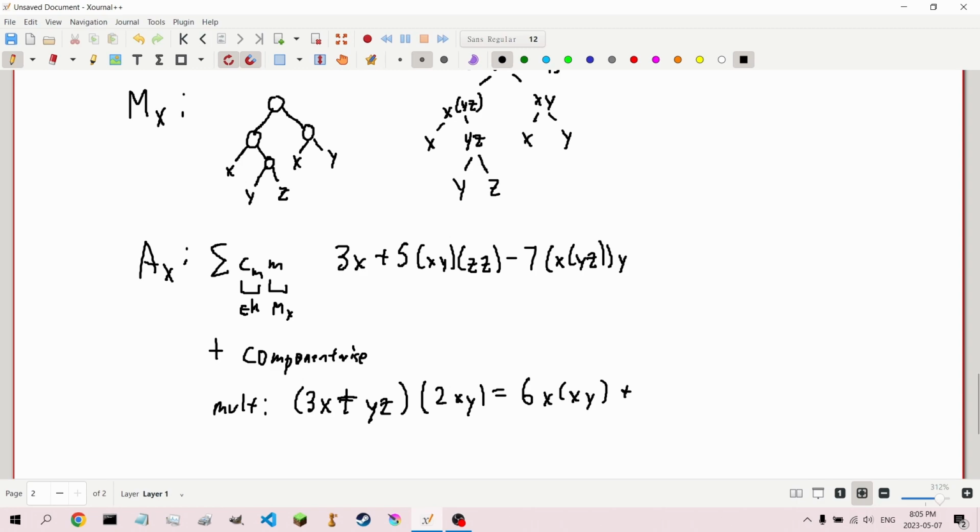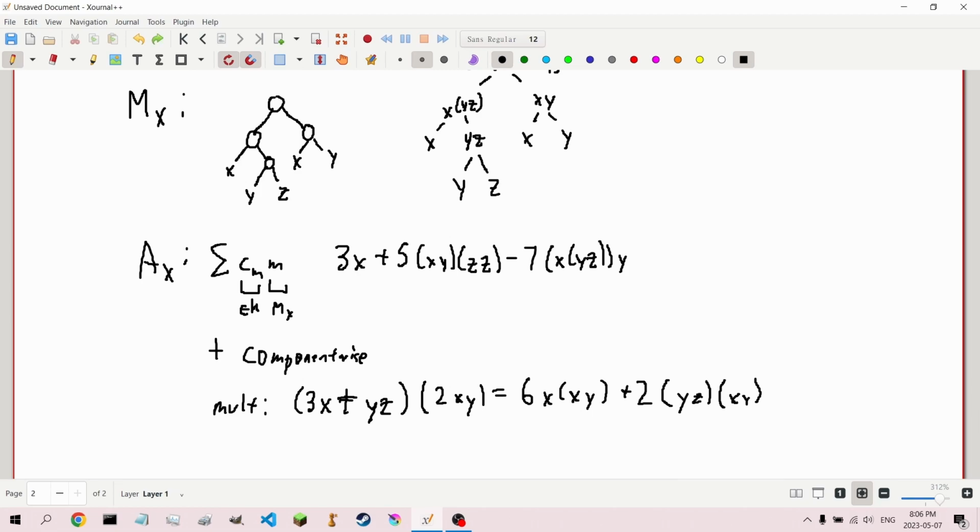And likewise, our second component here, we're going to have 2 on the left. It has more than one element, so we need to bracket it, yz, and same for our component on the right, xy. Note this is all to form an element of our ring and an element of our free magma.